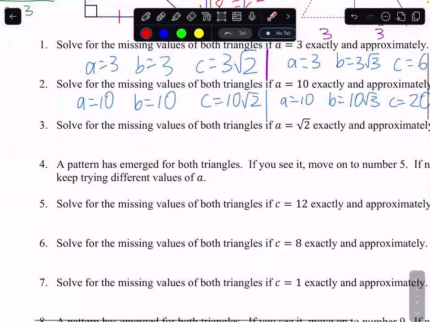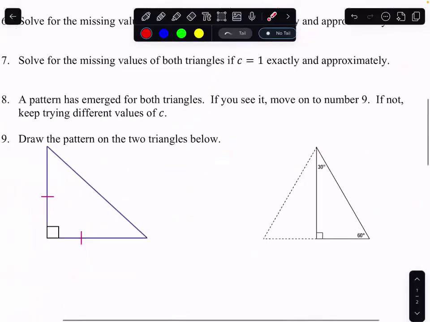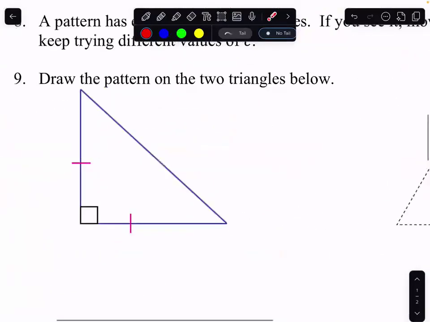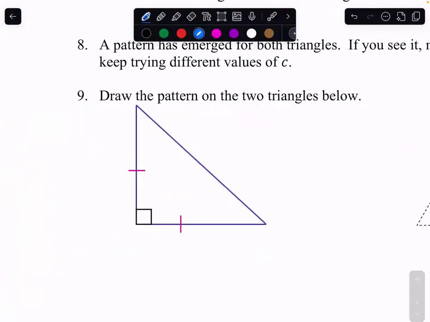Okay, so let's just jump ahead and write our patterns down here. For any isosceles right triangle, whatever side length one leg is, the other leg will be the exact same. And the hypotenuse will be that leg times radical 2.